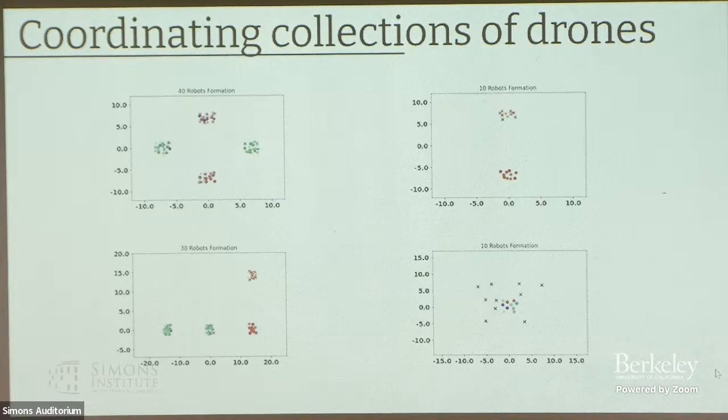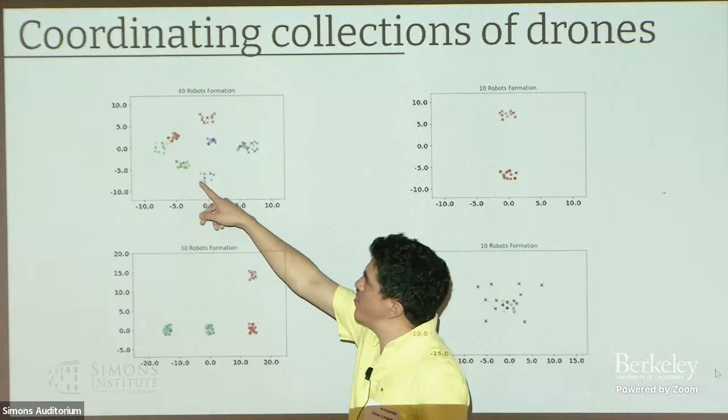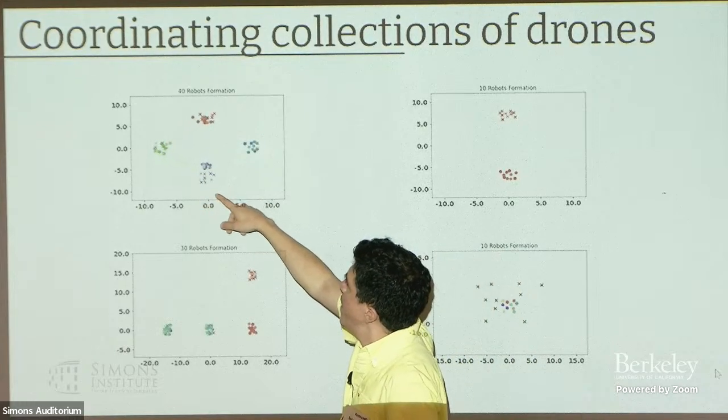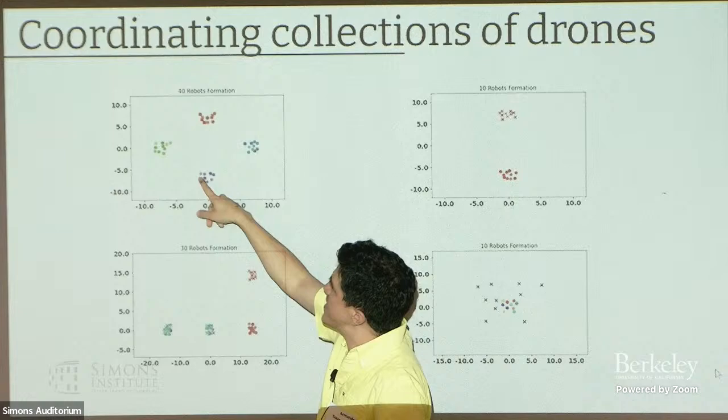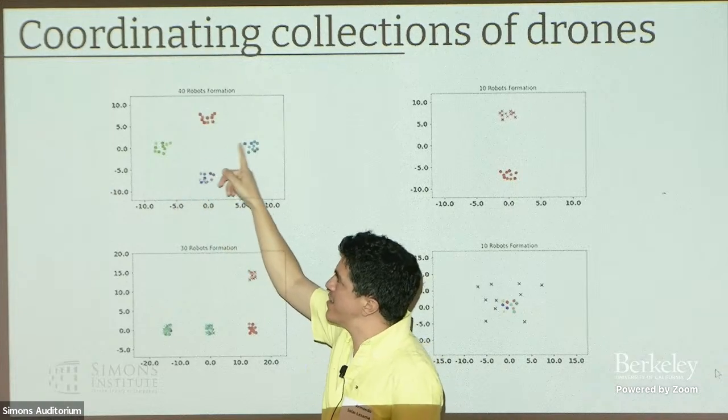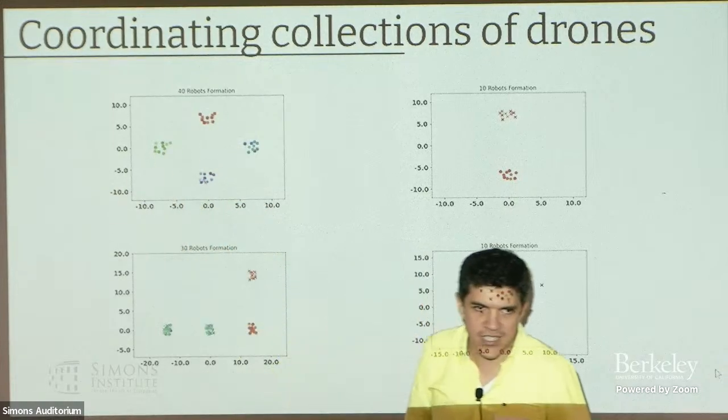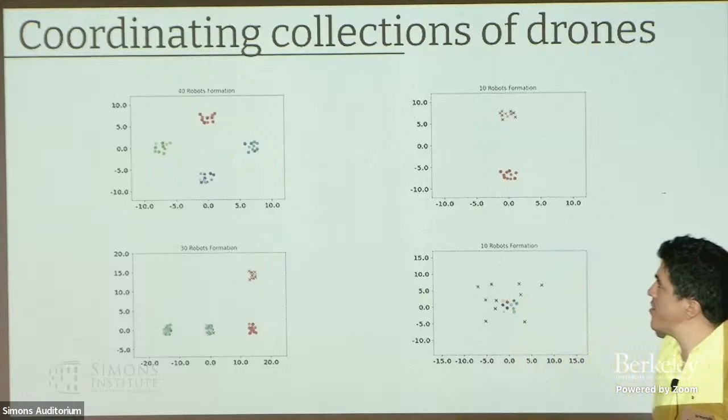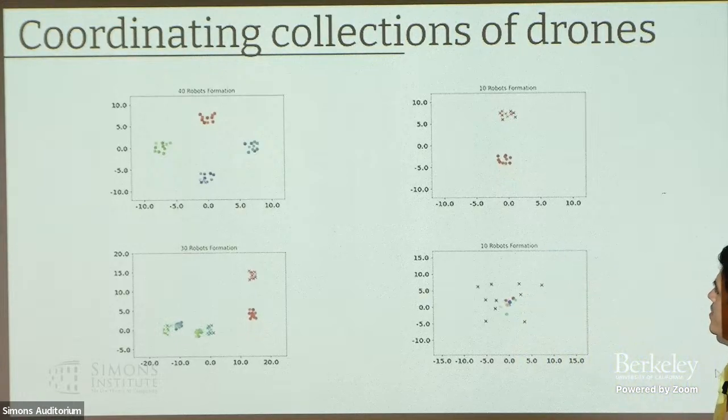To give you a sense of the kind of tasks we were looking at, these tasks were not super complicated. You have these little groups of drones moving around. In some of these cases, they already have predefined exactly where they have to reach, and it's just about making sure that they don't collide with each other.